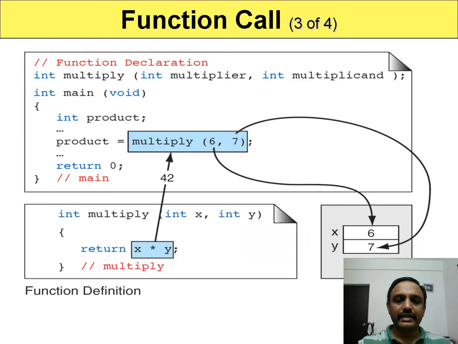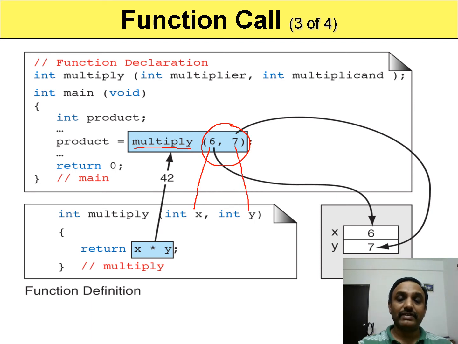Here is the example for function calling. Here I am calling one function. That function name is multiply. Then I am sending two arguments. One is 6, second one is 7. So those are actual arguments. This 6 is assigned to x, 7 is assigned to y.